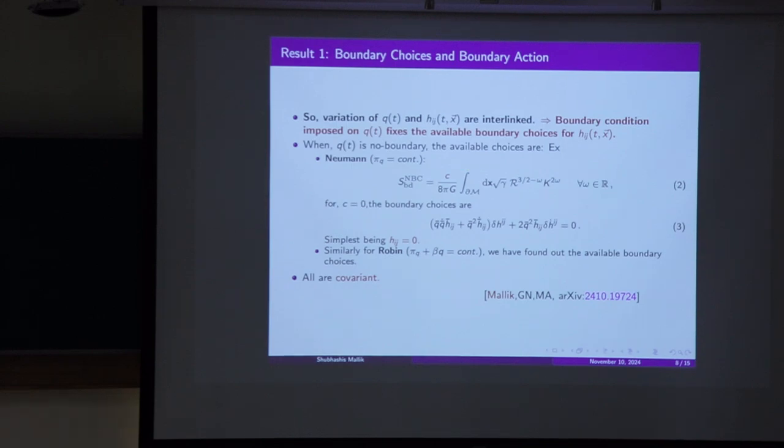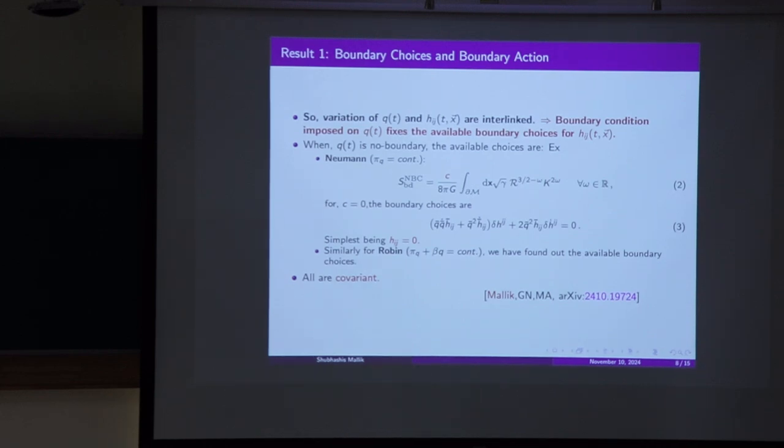This is equation 2, and we have an infinite set of choices labeled by this omega. For one such choice, which is c equals 0, the available choice for boundary condition for fluctuation will be like this. For the infinite choices, for each of them you will have some condition on the boundary of fluctuations, the simplest being Hij equals 0.